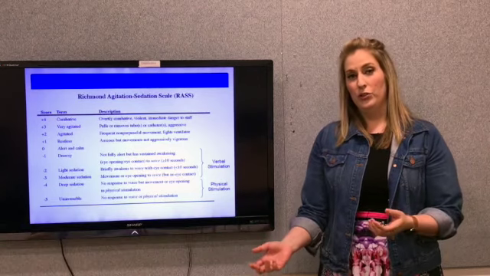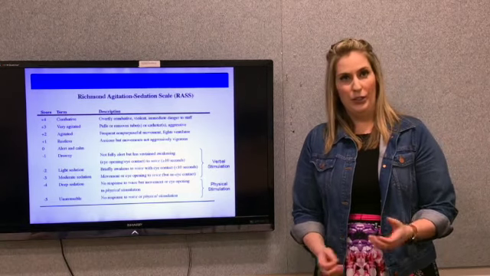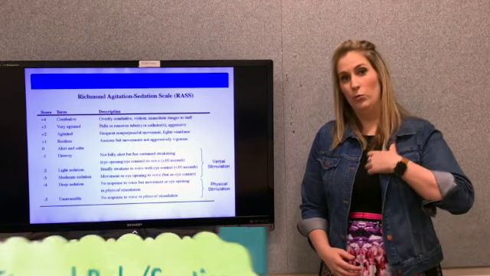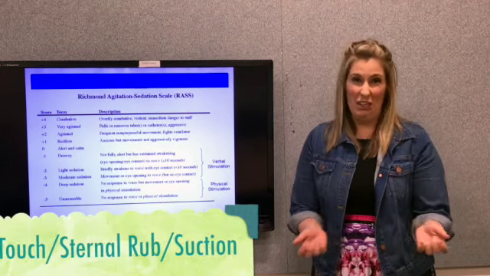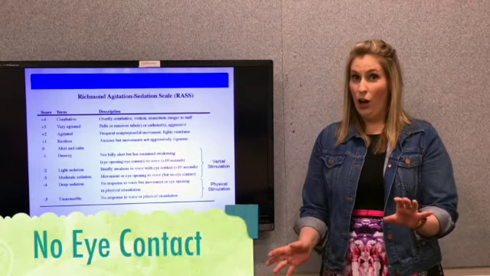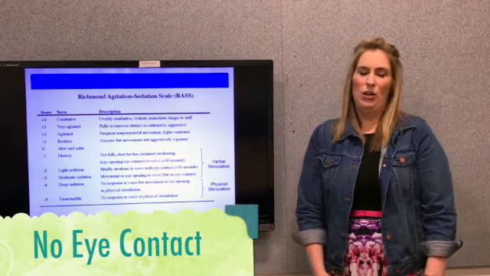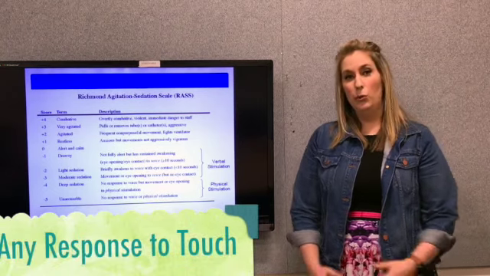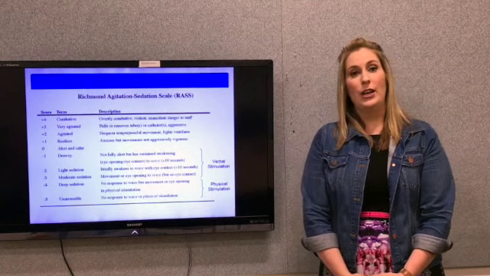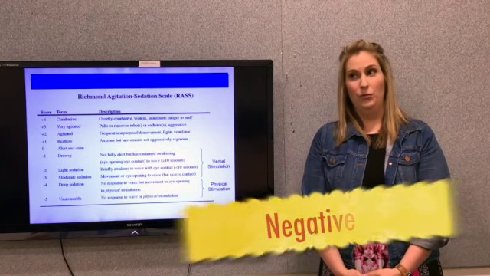However, if you go into a patient's room, try to verbally elicit a response and nothing happens, you go and touch them, you sternal rub them, you could even suction them, and you do elicit a response. Again, no eye contact, but they might shrug their shoulder or move or open their eyes. Again, no eye contact. They're considered a RASS of negative 4.